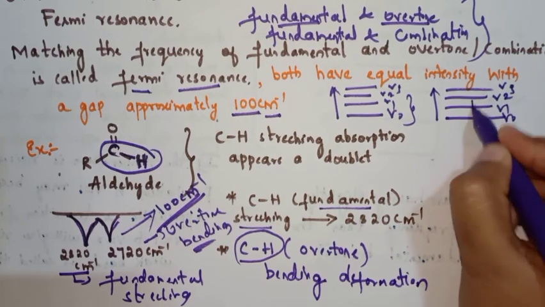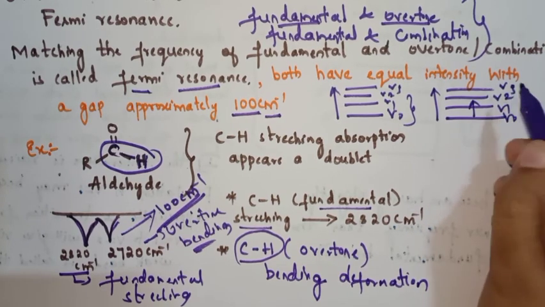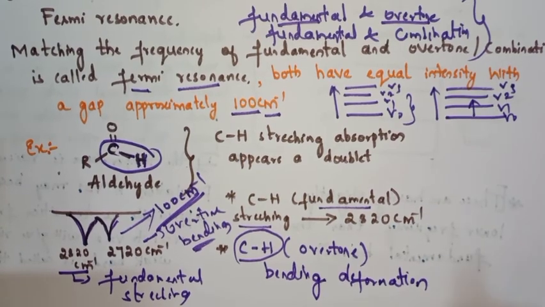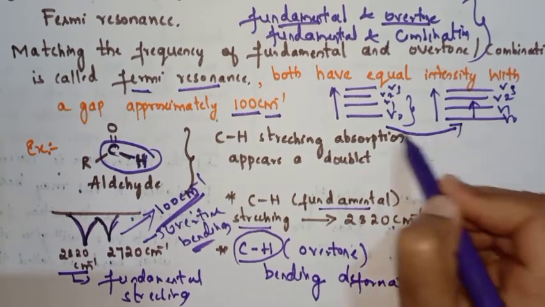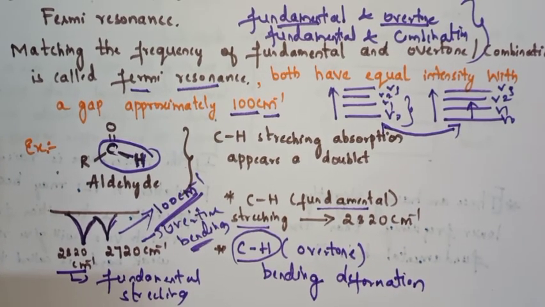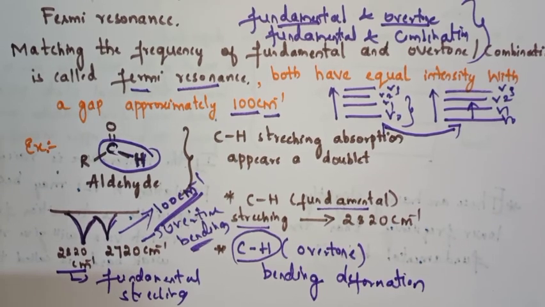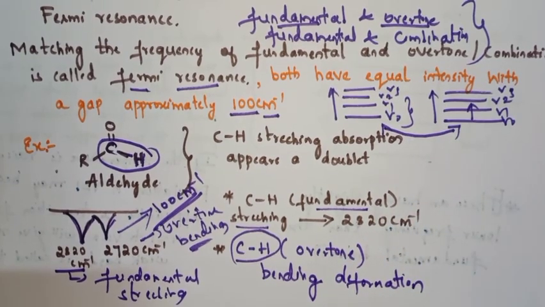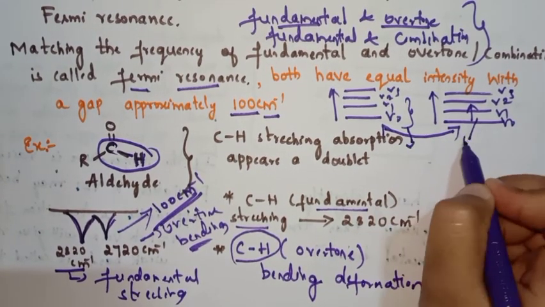V0 to V2 is nothing but the first overtone. If these two intensities are matched and frequencies also matched, with a gap of approximately 100 centimeter inverse, such types of interactions are called Fermi resonance. This is the fundamental and this is the overtone.